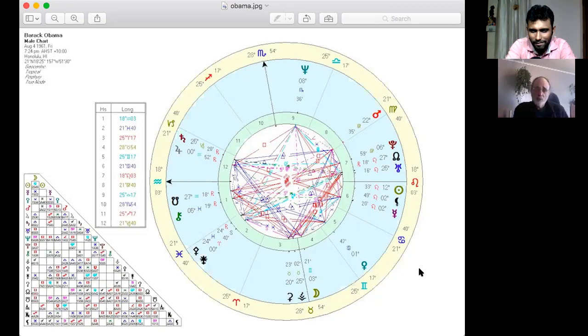Basically, the Pluto conjunct North Node is a special case. I don't remember exactly how often this occurs. It doesn't occur very often, and it lasts 6 or 8 months. Yeah, 18, 19 years, 20 years, something like that.